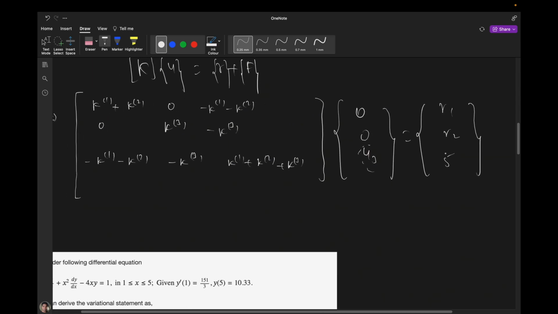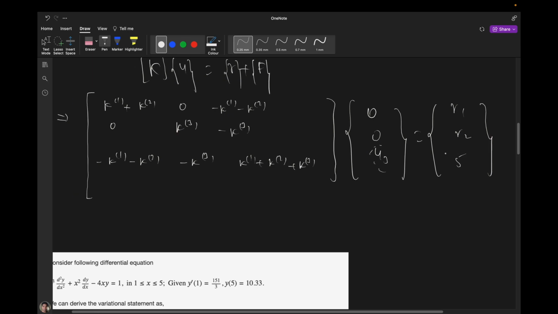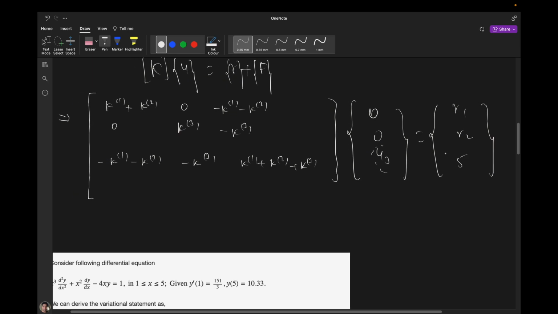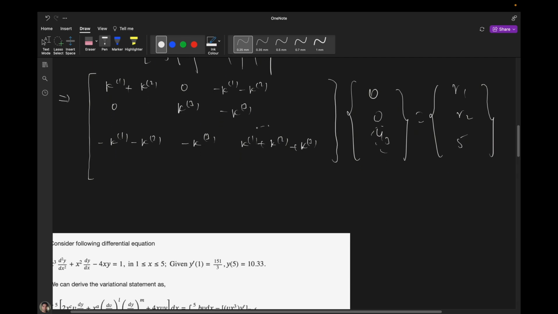In Sir's lecture we already saw that whenever displacements are known, we strike off those rows and those columns. Similarly this row and this column. So you will see that only this row will survive.